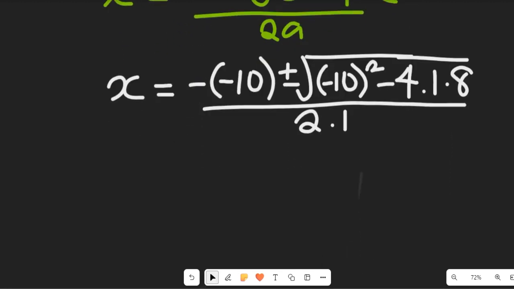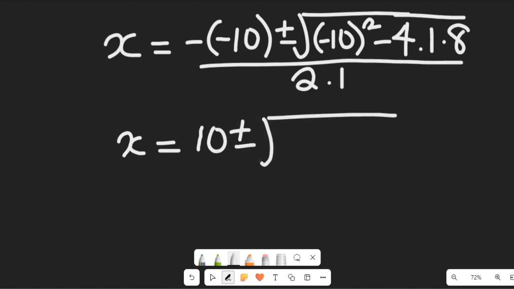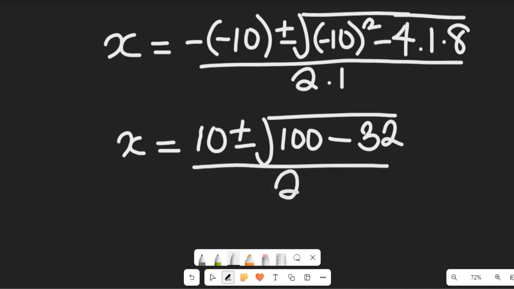If we simplify this further, we're going to have x equal to negative times negative, which gives us 10, plus or minus the square root of negative 10 squared, which is 100, minus 4 times 1 is 4, 4 times 8 is going to give us 32, and all these will be divided by 2.